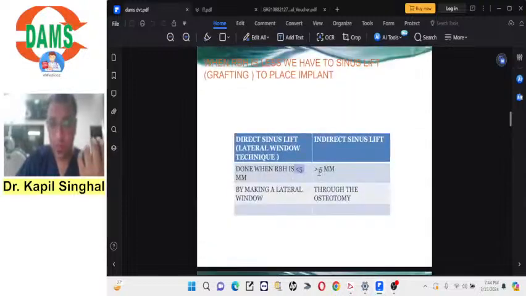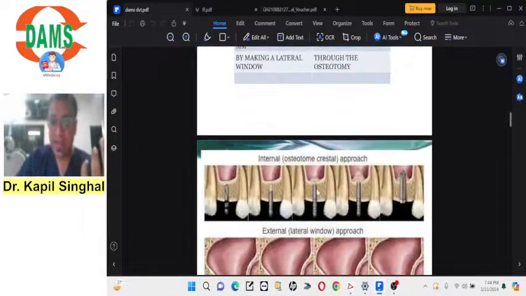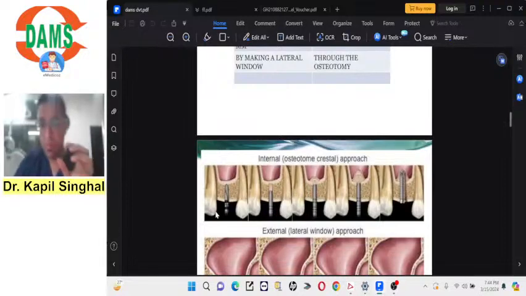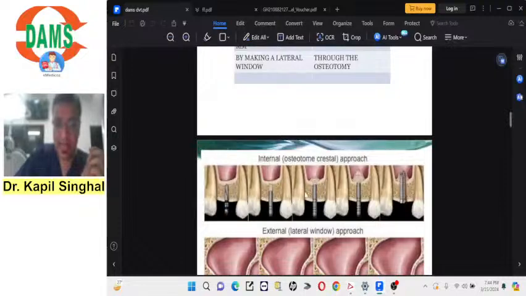But if this bone is more than 5 millimeters, you can do an indirect sinus lift. Indirect means that the sinus membrane is not visible directly with your eyes. So the site from which you do drilling, from the same side you will hit and create a space, and from there you push the graft and place your implant.